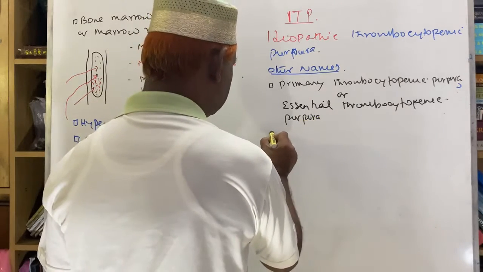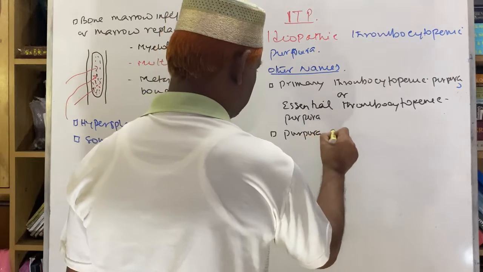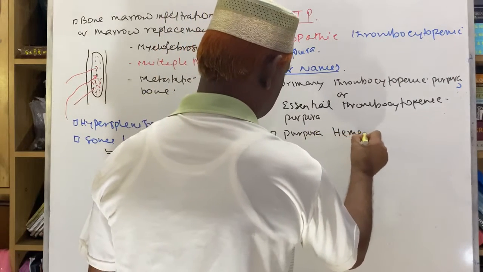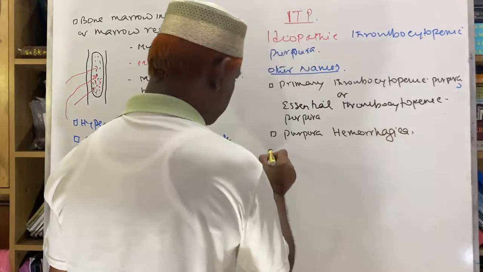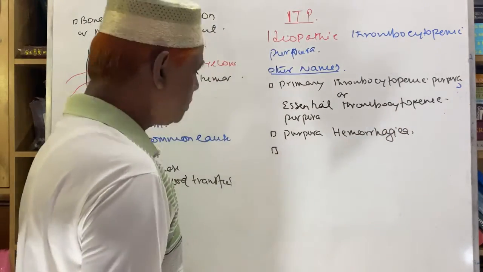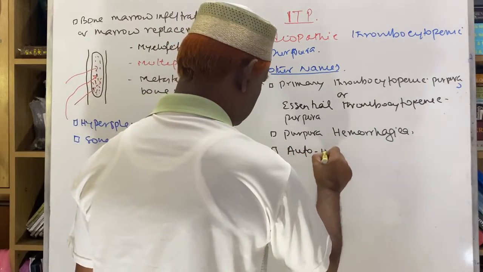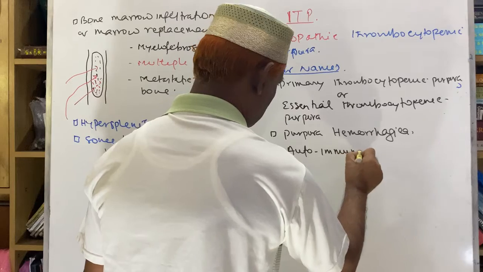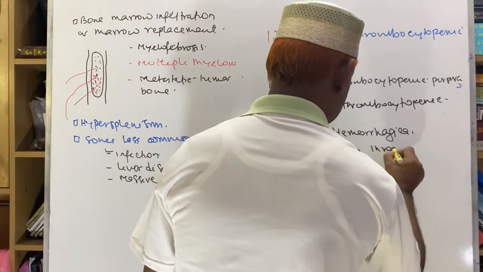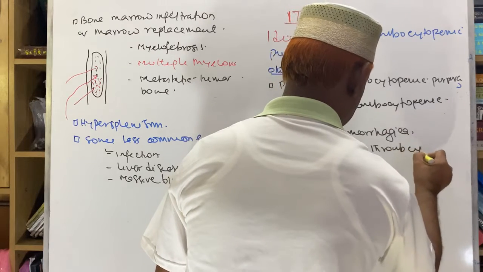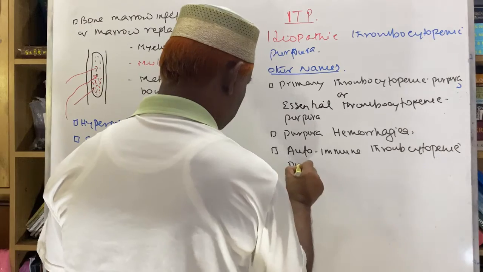Another is purpura hemorrhagica, and another name is autoimmune thrombocytopenic purpura.